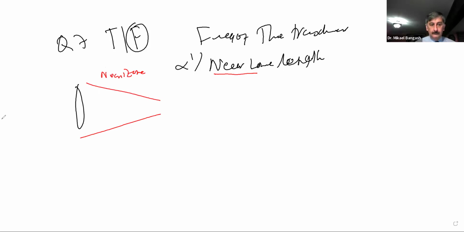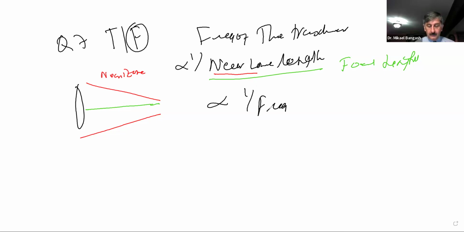But that near zone actually becomes this distance, your near zone length, which becomes your focal length. So this focal length or focal depth here, is that going to be inversely proportional to your frequency?